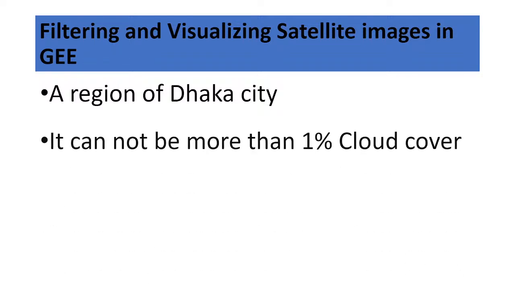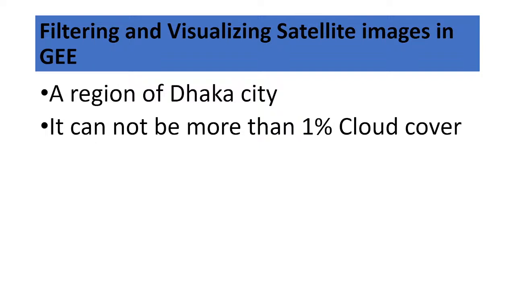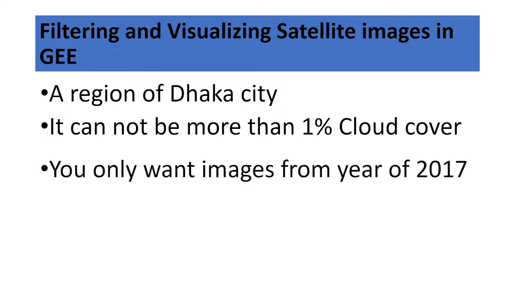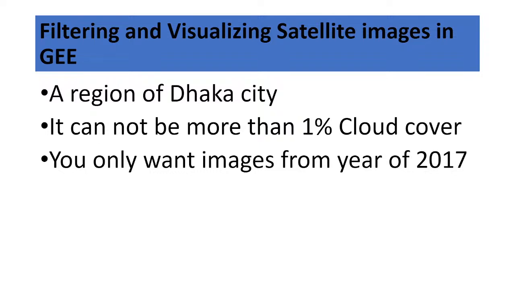The second factor is image metadata filtering. Suppose I need an image with not more than 1% cloud cover. That is another factor for filtering. And the last factor is a specific time period. Suppose I need the image for the year 2017, month of January.